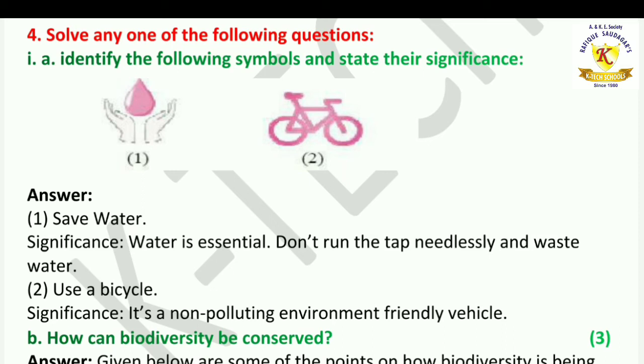And the significance is water is essential. Don't run the tap needlessly and waste water. The second image, it states use of a bicycle. Significance. It's a non-polluting, environment friendly vehicle. Okay.